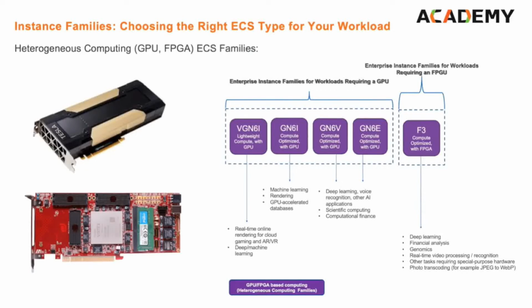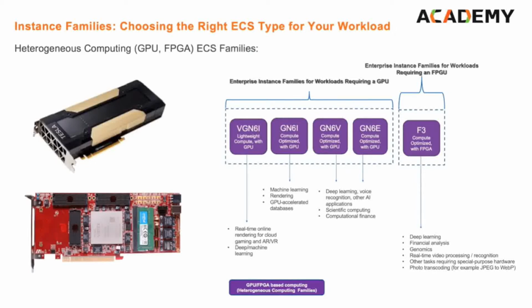Computational finance needs a lot of capacity for computation, with a huge amount of transaction data to be processed at one particular instance. So we require the assistance of GPU based computing. This is also done by using the GN6E compute optimized with the GPU.